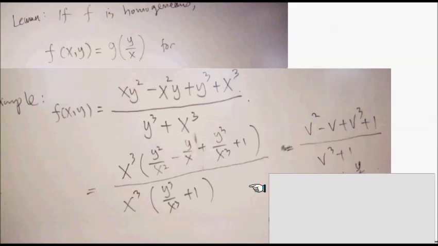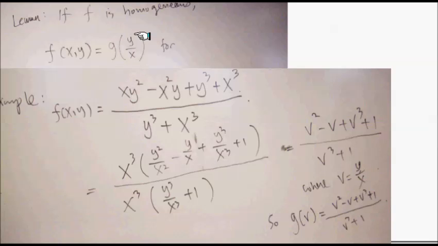Like in this example, it's going to be v squared, the other one is negative v, everything is in v, so this whole quantity is really one variable. We can write it down with the one dependent variable, in this case y over x, being v, which is what I wrote here. So the function they're talking about is really this one variable rational function, v squared and so on. That y over x part is exactly what is picking it up.